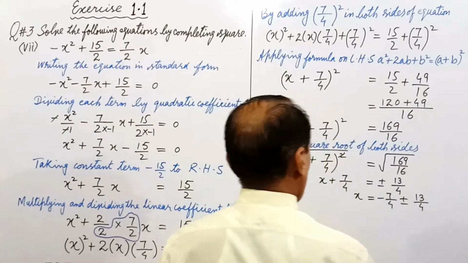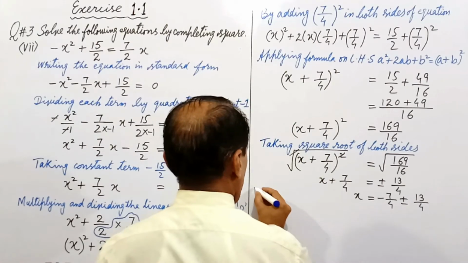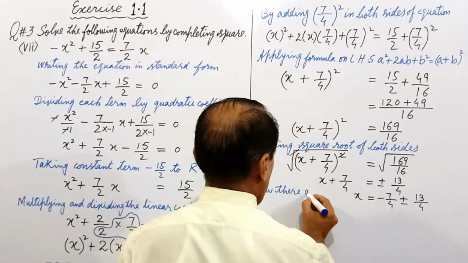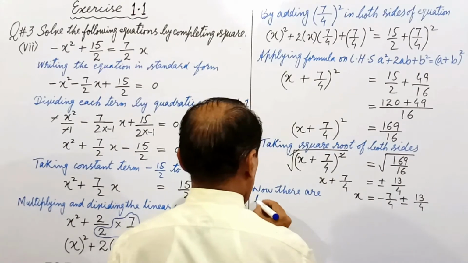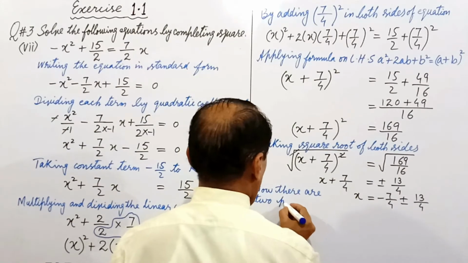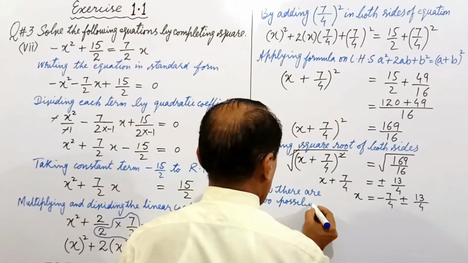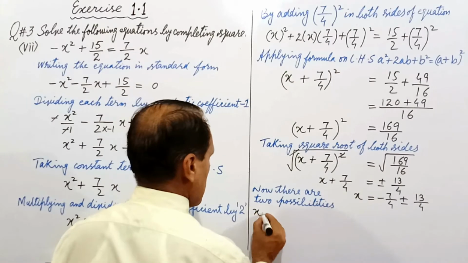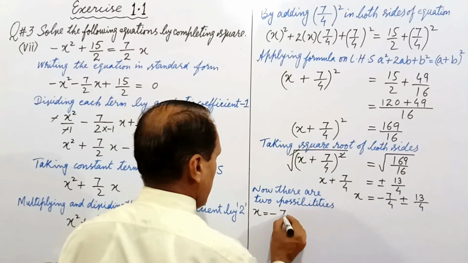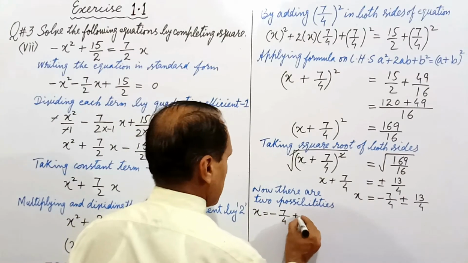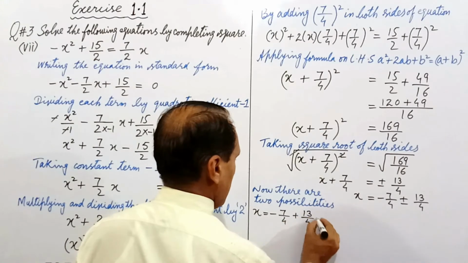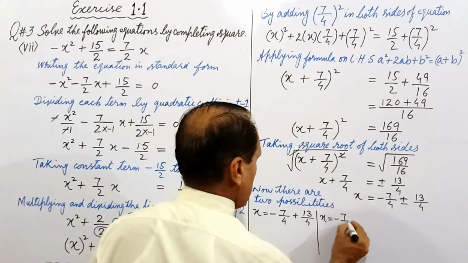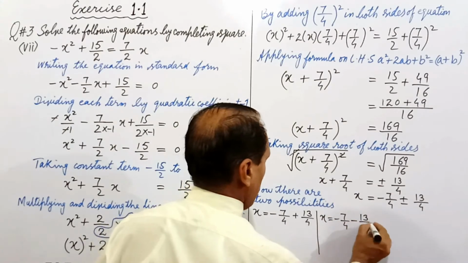Now there are two possibilities. The one is x is equal to minus 7 over 4 plus 13 over 4, and the second is x is equal to minus 7 over 4 minus 13 over 4.